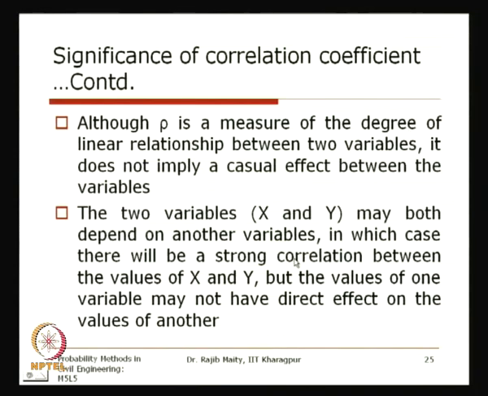Now, the significance of this correlation coefficient: although rho is a measure of the degree of linear relationship between two variables, it does not imply a causal effect between the variables. This is also important to note: correlation and causality should not be mixed up, because a positive correlation coefficient is not an indication that one variable has a causal effect on the other.